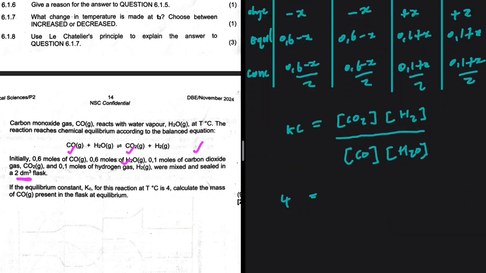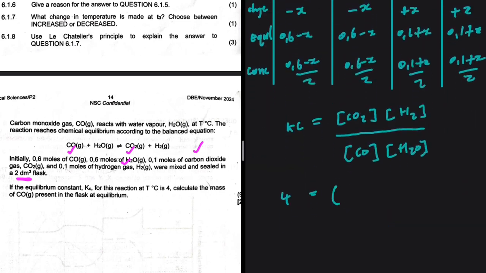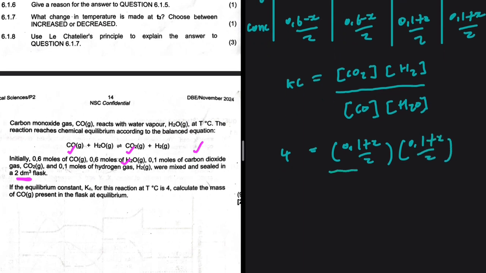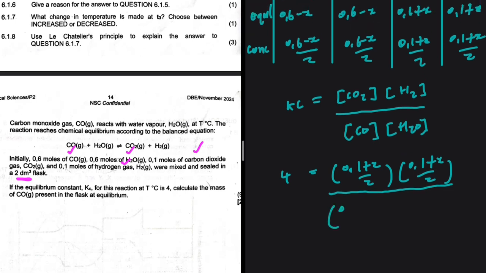Concentration of CO2, that is 0.1 plus x over 2. And then H2, 0.1 plus x over 2. Everything divided by the concentration of carbon monoxide, 0.6 minus x over 2, 0.6 minus x over 2.